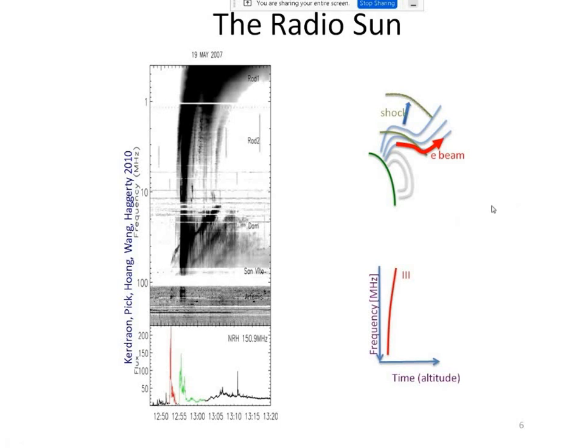When they are generated at the shocks, they will be type 2 radio bursts. And if they are trapped electrons in the magnetic flare loops, they will be type 4 radio burst. And according to whether they propagate, if they are stationary, they are stationary type 4, and if they are propagating, they are moving type 4 radio burst.